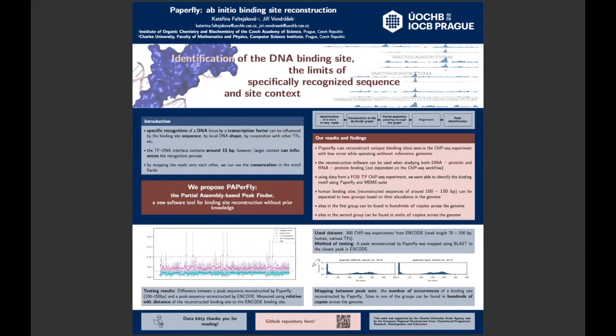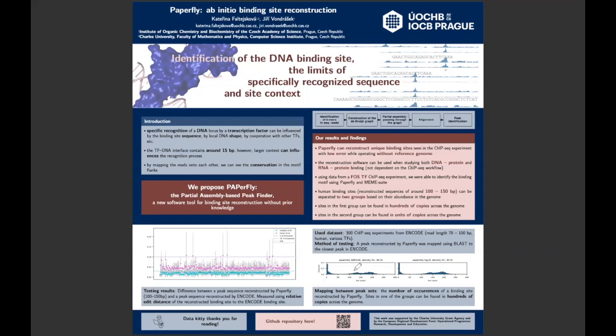In this plot, you can see the number of occurrences of a Paperfly peak in the ENCODE peaks. So we can divide the Paperfly peaks into generally two groups. One that has tens or hundreds of occurrences, and second, which has only units, or up to 10 occurrences.